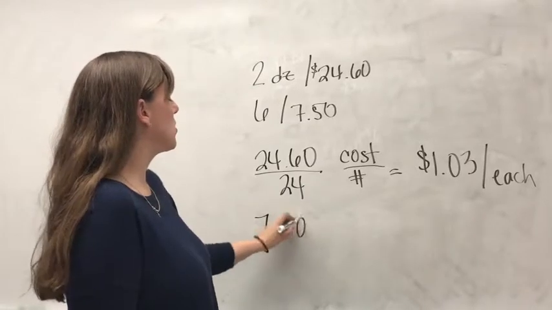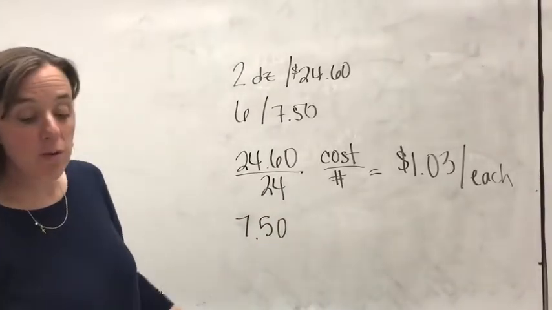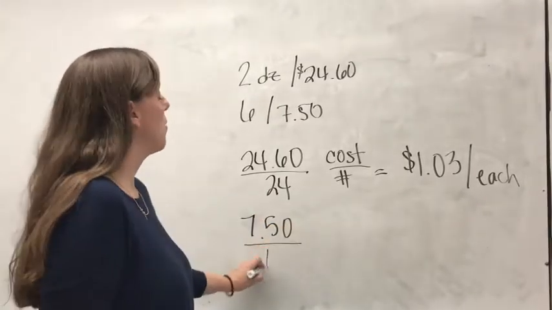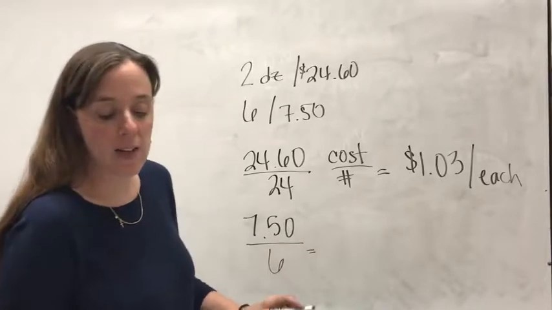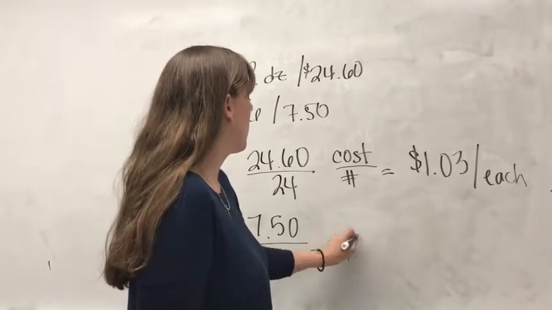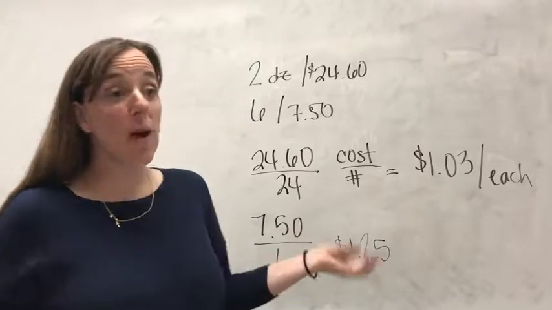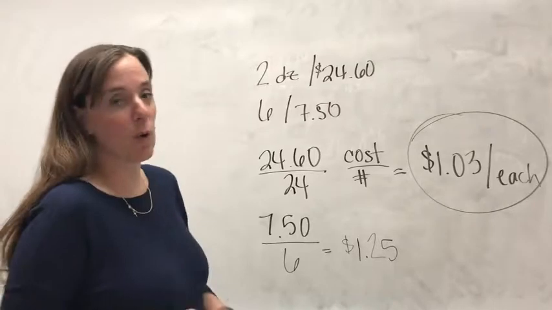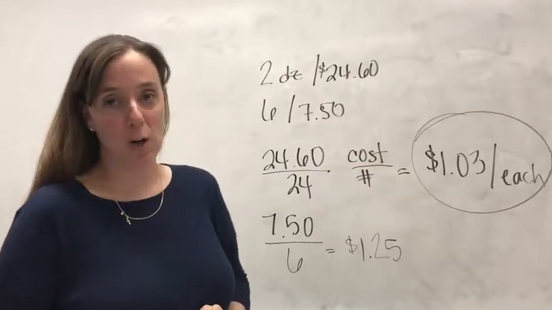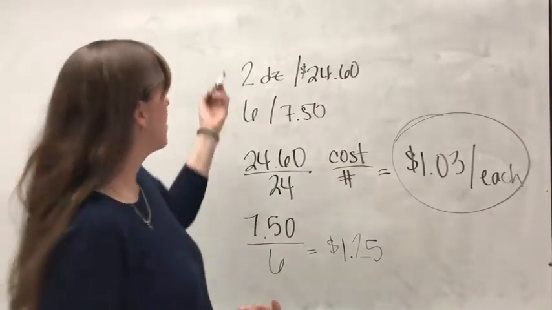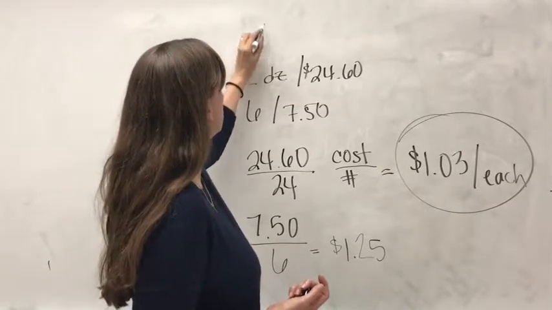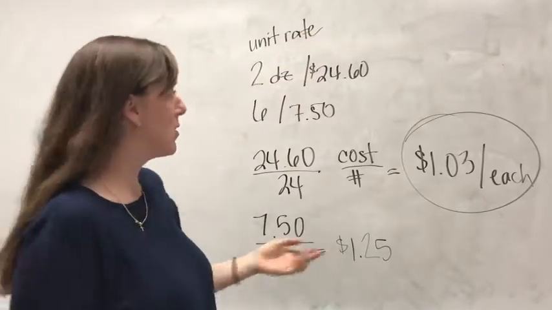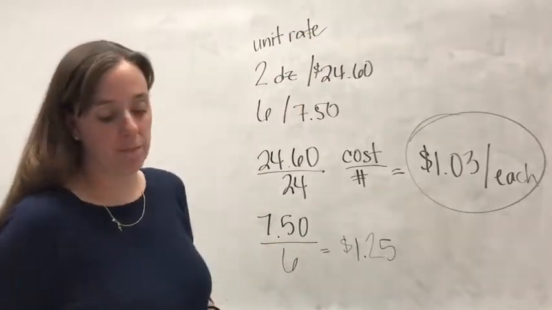So then to figure out how much the U florist cost, we're gonna do 750, the cost over the number per 6 roses, and that's gonna come out to $1.25. So if you're wanting to buy roses, I recommend the Main Street florist because they're gonna be cheaper per rose, okay? Again, this is a unit rate problem, and we were just figuring out how much something cost per one of them, okay?